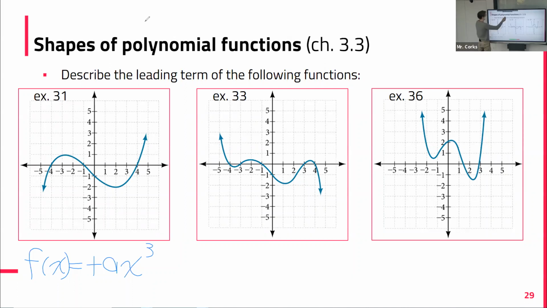Okay. So let's check our information here. On the right side, going up, so must be a positive coefficient here. Also, left side is going down. We know the exponent must be an odd number. And why 3?